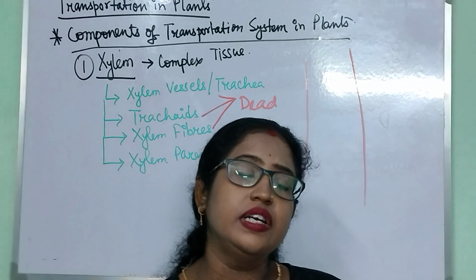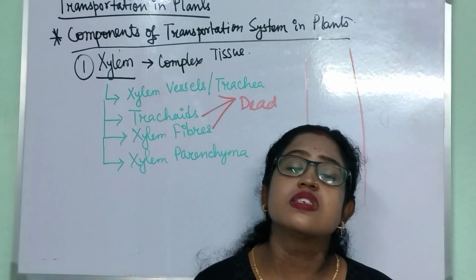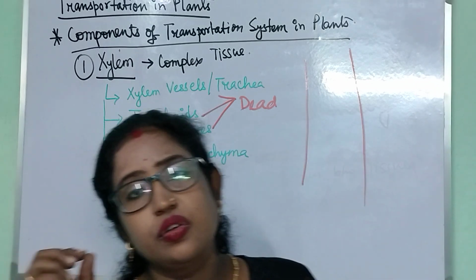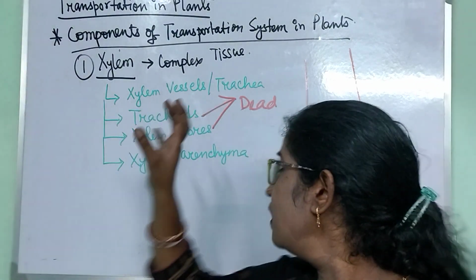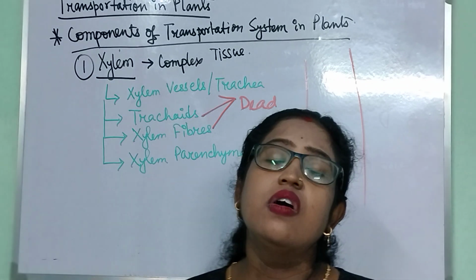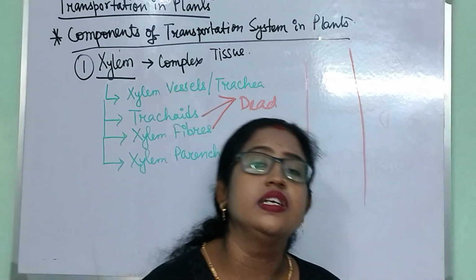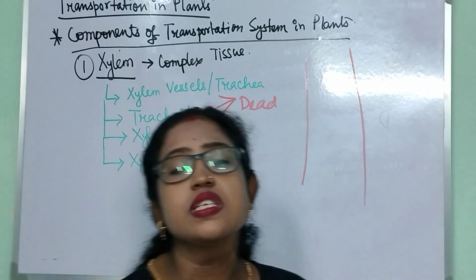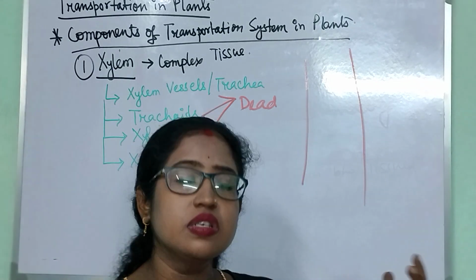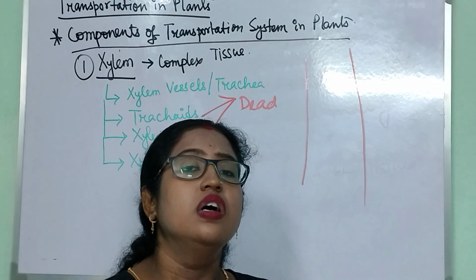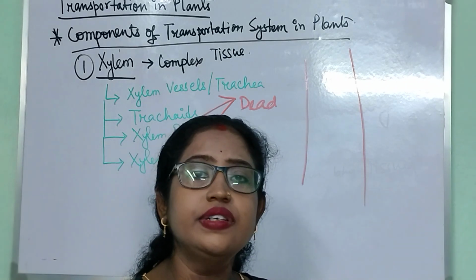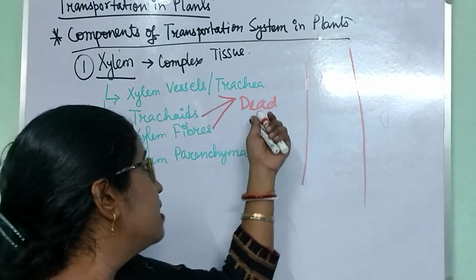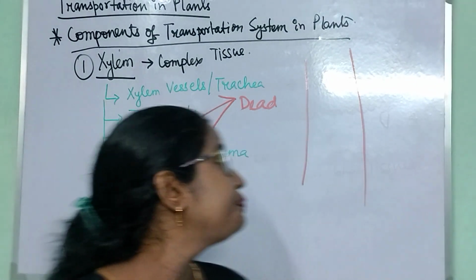The lignin contained in the cell wall makes the cells dead, because lignin, being a hard substance, does not allow outer materials to enter into the cell.